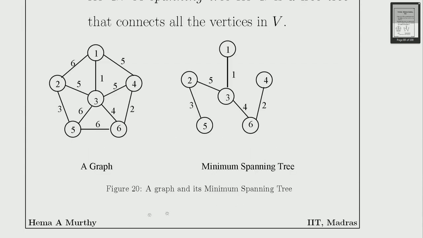Once we have included the lowest cost edge in the graph, the source list also includes the vertex 3. Next, I have vertex 1 and 3 in the source vertex list.